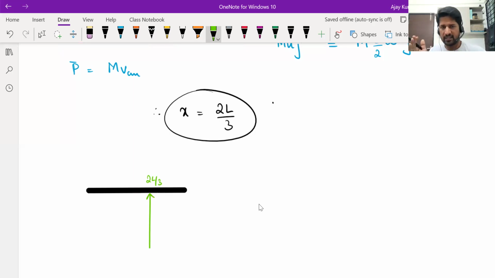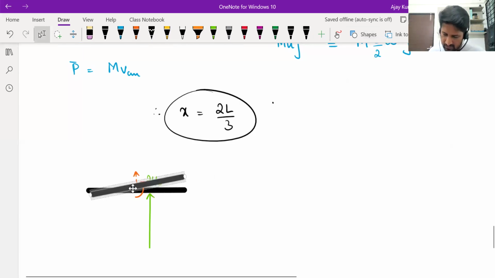And you are hitting it on the right of the center, so it rotates anti-clockwise. And it translates also, since you are giving it some momentum. So the rod will move forward and also rotate in such a way that its left end doesn't have a tendency to move initially. From that moment to the immediate next moment, if you visualize, this will be the situation.